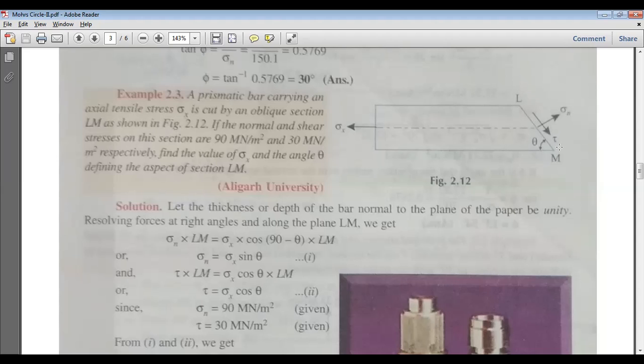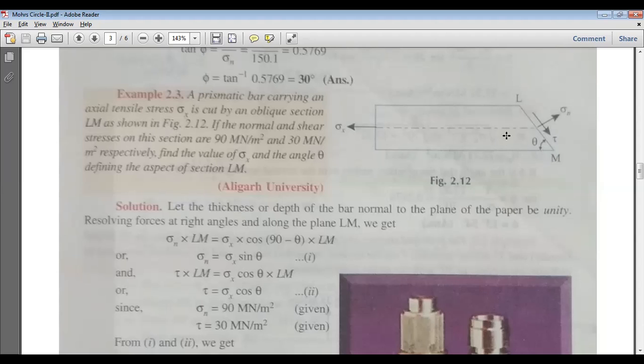LM is the face, so again to make the force we have to multiply by the area. So we find sigma n into LM equals sigma x cos (90 minus theta) into LM. Cancelling LM from both sides, we find sigma n is equal to sigma x sin theta.